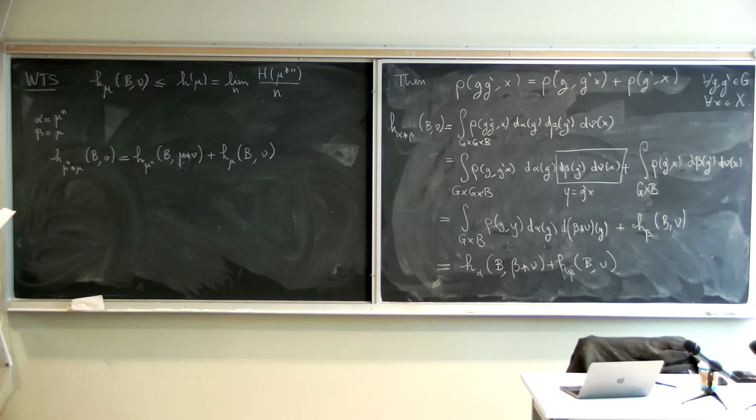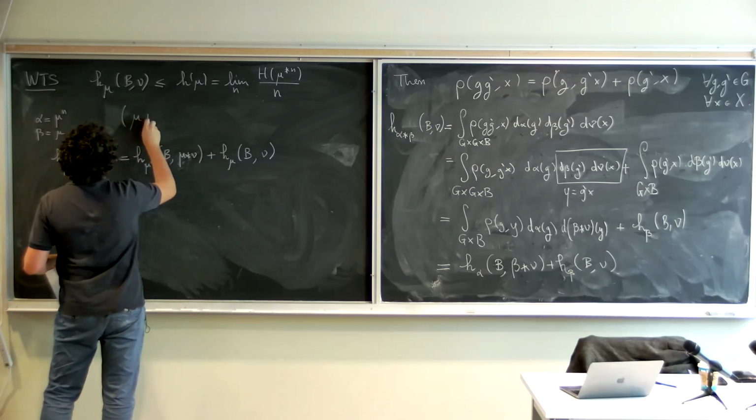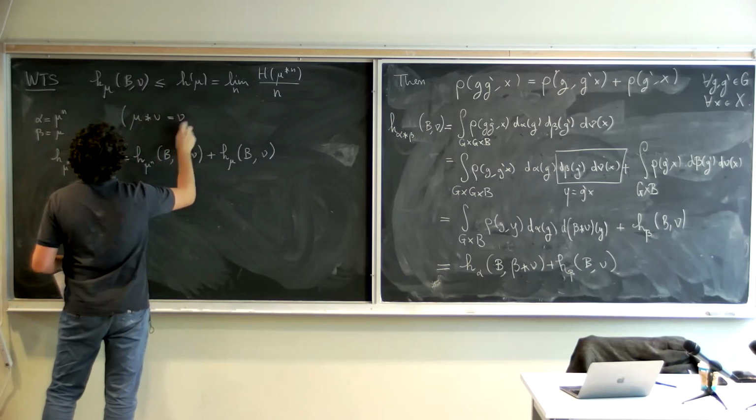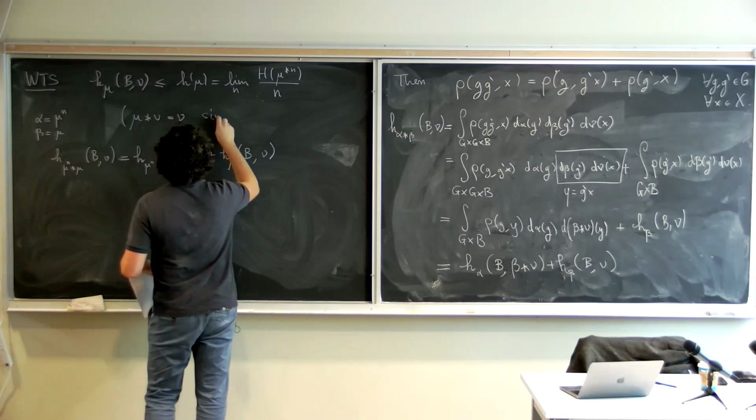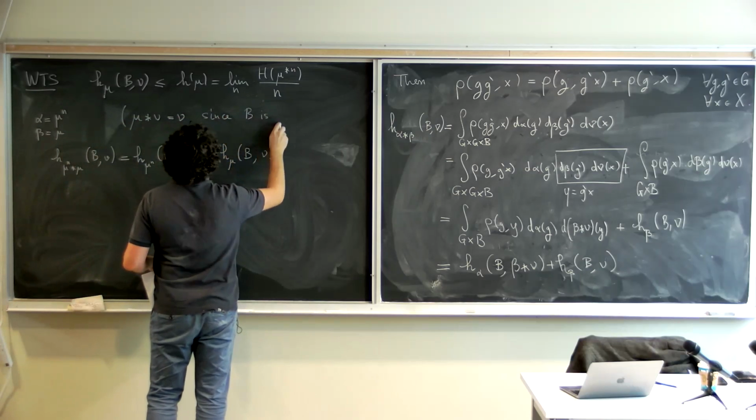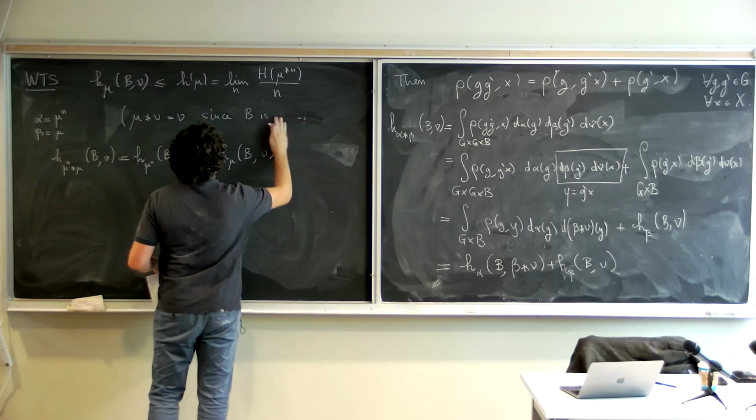And in fact, mu star nu is nu, right? Since B is a mu space, a G mu space.